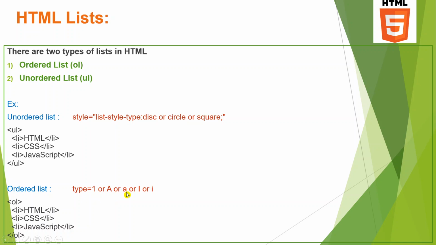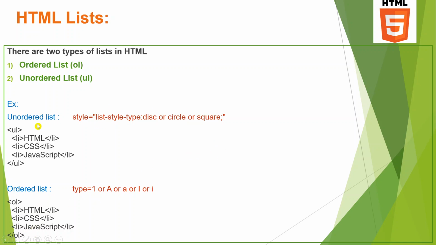If you give small a, small a b c will come. If you give capital I, bigger roman letters will come. If you give small i, smaller romans will come. So there is an order in that ordered list.